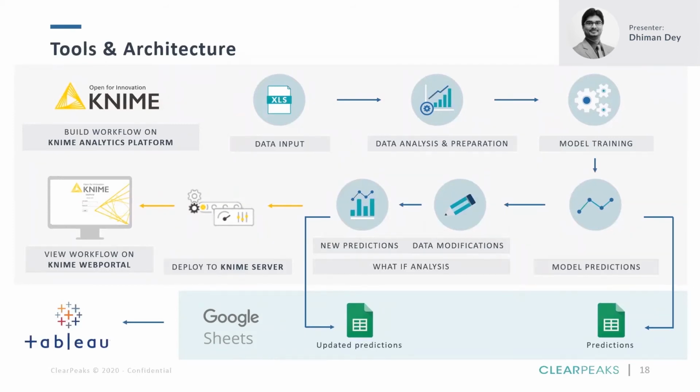At the same time, as I explained earlier, we also have a simulation area where you can play around with different configurations for different prevention strategies for retention and attrition. That is done through a guided analytics workflow in the KNIME web portal, the web version of KNIME.